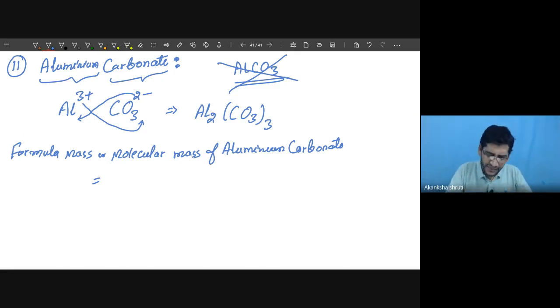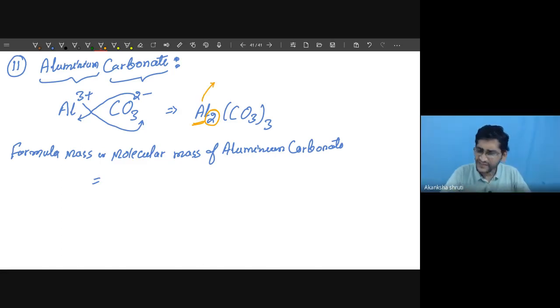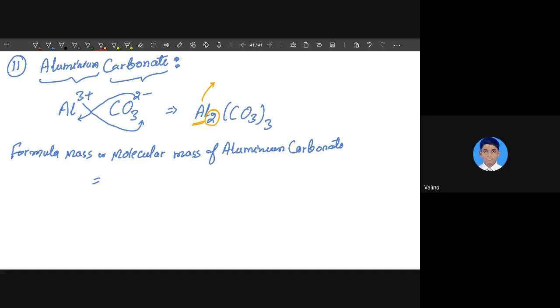You just first start with the aluminium. Considering aluminium, how many atoms of aluminium are present? It is 2. But for aluminium, what is its mass? Can you recall? 27. Good.